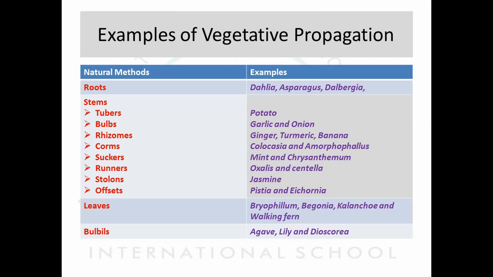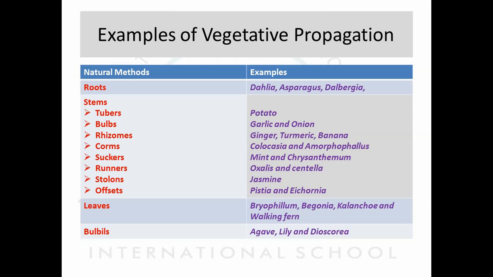Here there are many examples: tubers act as a vegetative propagule in potato, bulbs in garlic and onion, rhizome in ginger, turmeric, banana, corms in colocasia and amorphophallus, suckers in mint and chrysanthemum, runners in oxalis and centella, stolons in jasmine, and offsets in pistia and eichhornia.